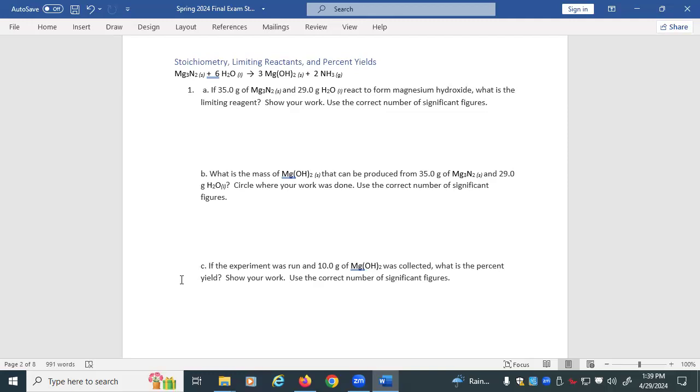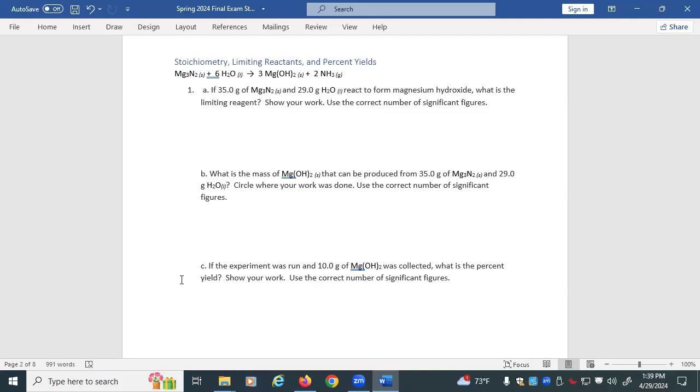There are a lot of ways to approach this problem. What I would say is probably the easiest way is if I consider parts A and B together, because I could answer a limiting reactant problem by figuring out how much product is made.